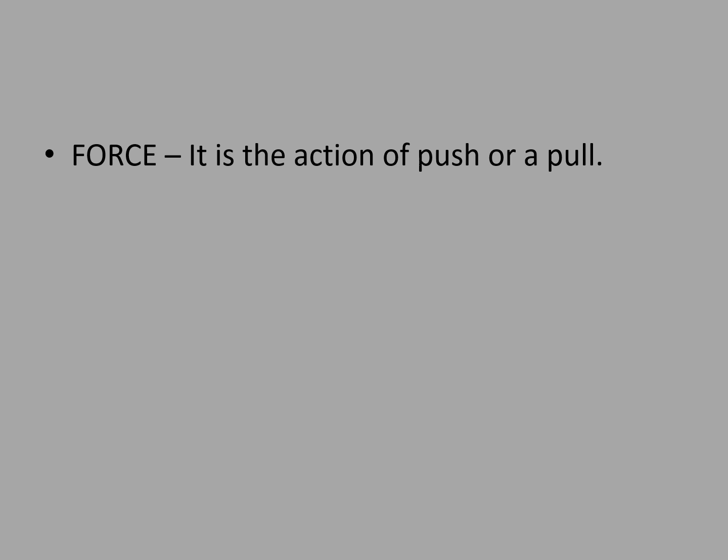In the third one, he is pulling the wooden block. And in the fourth one, the person is kicking or pushing the ball. All of them are interacting to apply force, meaning they are touching the object. So we can say that force is the action of push or a pull.